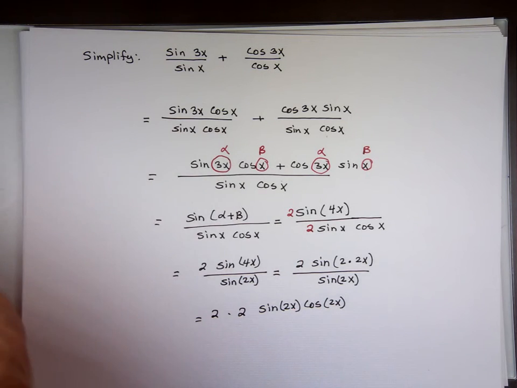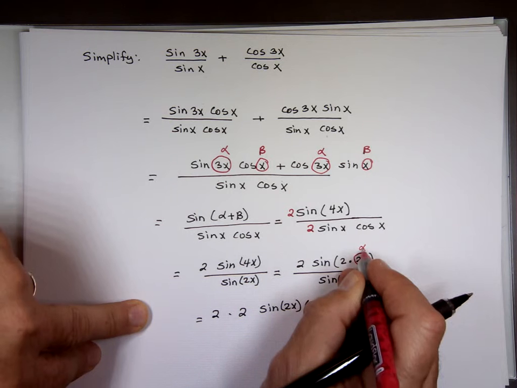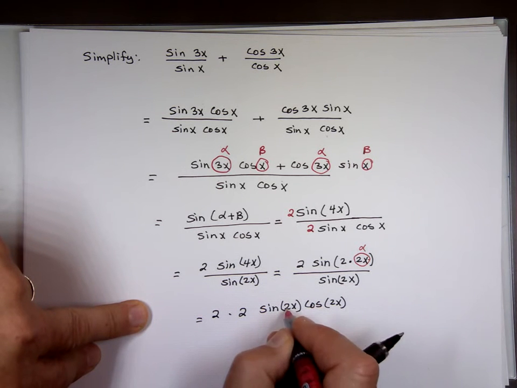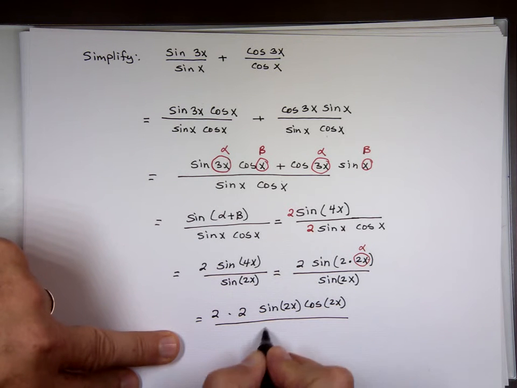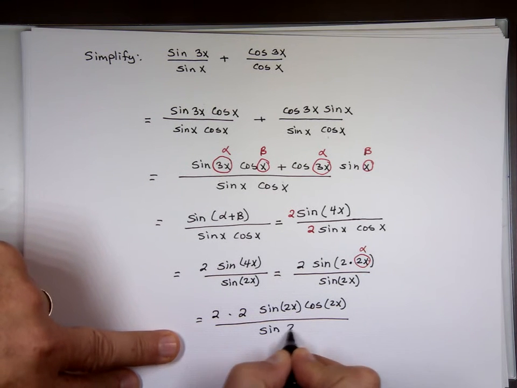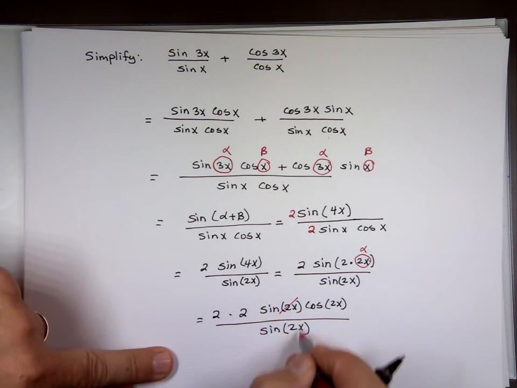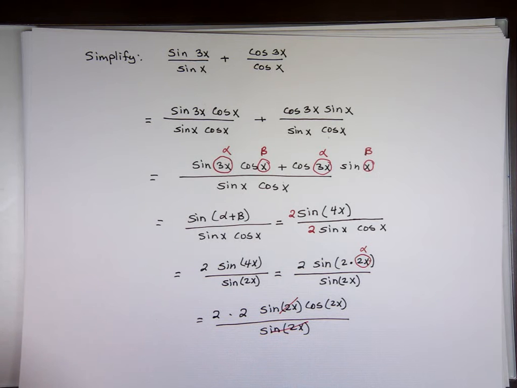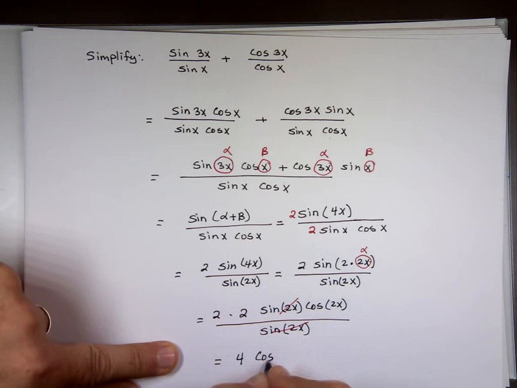If you treat this as alpha, sine 2 alpha is 2 sine of alpha cosine alpha, all divided by sine 2x, and these two cancel each other out, and your answer is 4 cosine 2x.